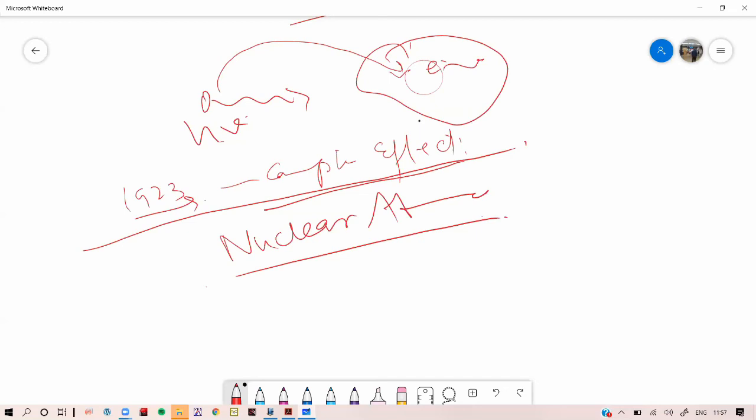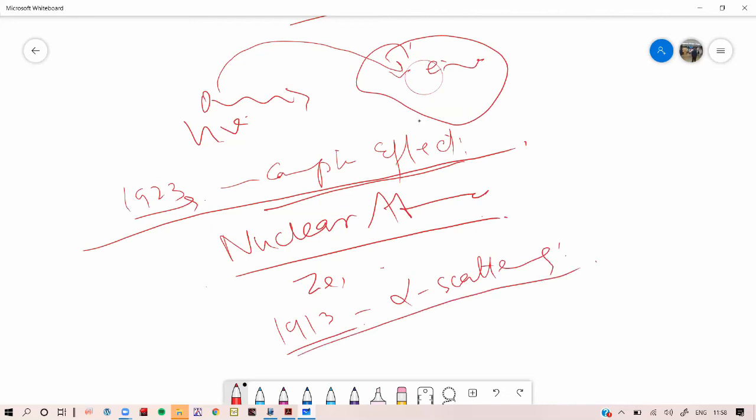Then came the nuclear part, which was done by Rutherford, where he found that there is a positive charge Ze at the nucleus center with negative charges around it, and from that they also calculated the atomic size in 1913 by the alpha scattering experiments. So this is how the present picture of the atomic structure has evolved from long before.